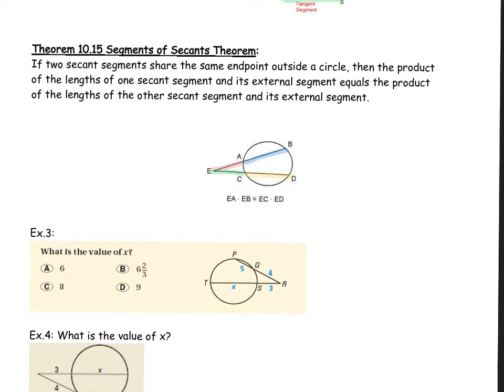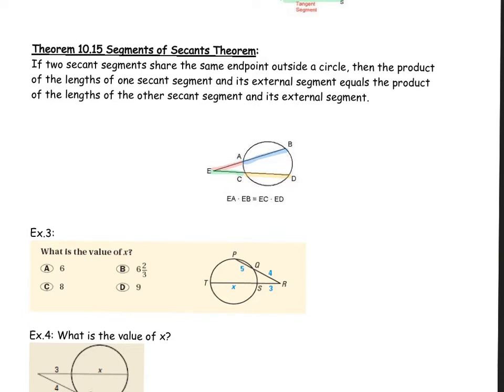So this theorem says that if 2 secant segments share the same endpoint, which these do because they're intersecting outside the circle, then the product of the lengths of one secant segment and its external segment equals the product of the lengths of the other secant segment and its external segment.